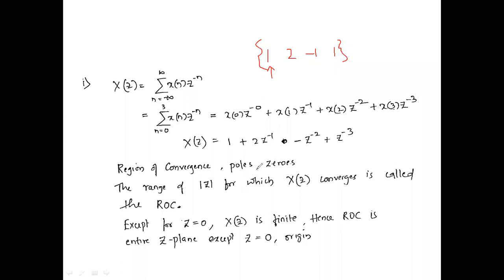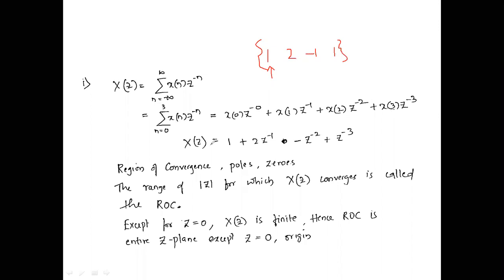So now what is the formula? Do we need to do the summation from minus infinity to infinity? No. Since the signal starts at 0 and goes till 3, I will sum from 0 to 3 only. So let us expand the formula: x of 0 into z to the power minus 0, plus x of 1 into z to the power minus 1, x of 2 z to the power minus 2, plus x of 3 z to the power minus 3.